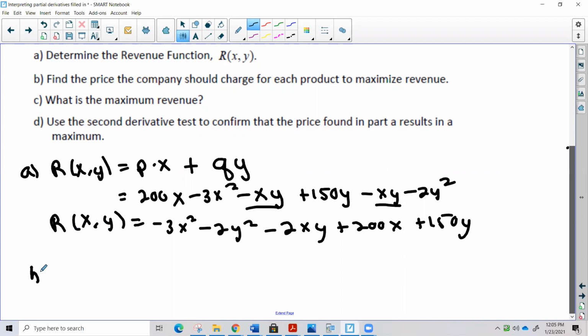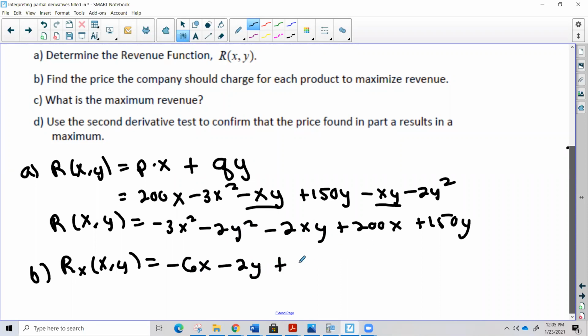Okay, so for B, we're going to find the maximum. So we have to find the critical points. So I'm going to find R of X and take the derivative of this with respect to X. So I get negative 6x, 0, since there's no x. This is going to be, I'm going to put the 2y in front, and the derivative of x is 1, so it's just negative 2y.